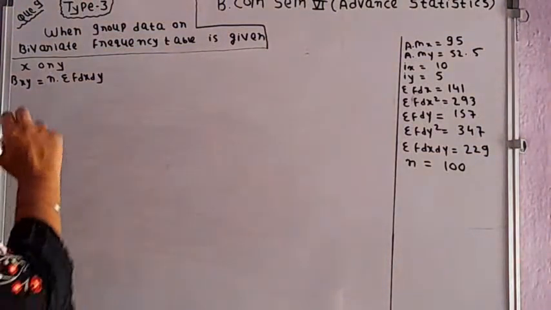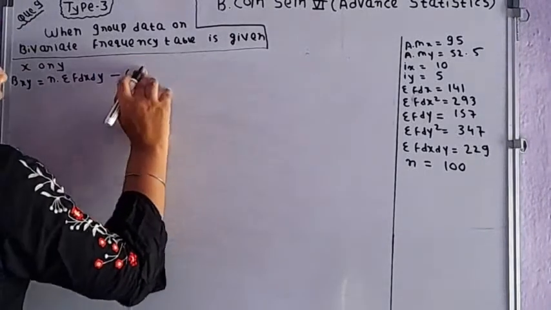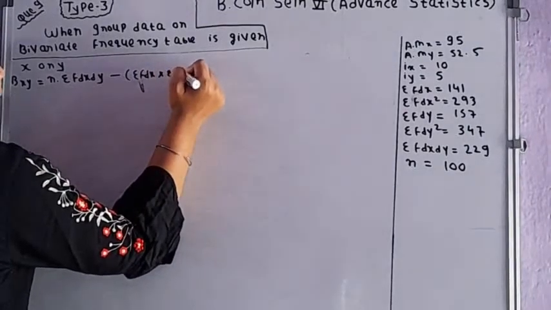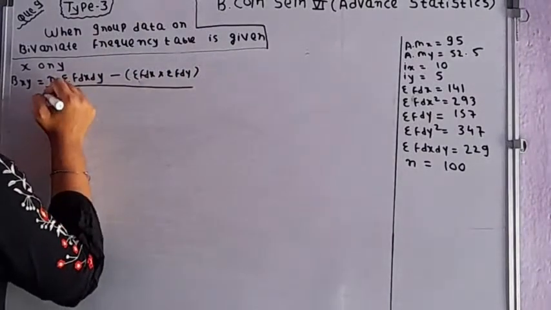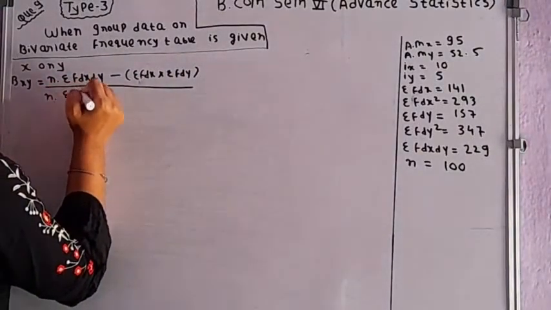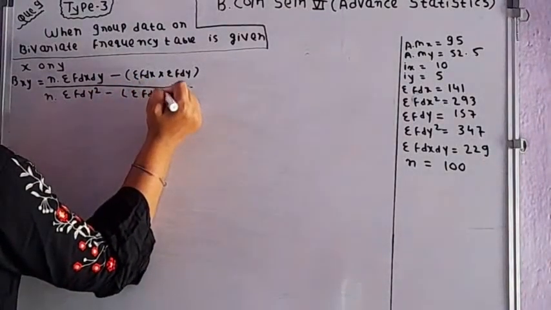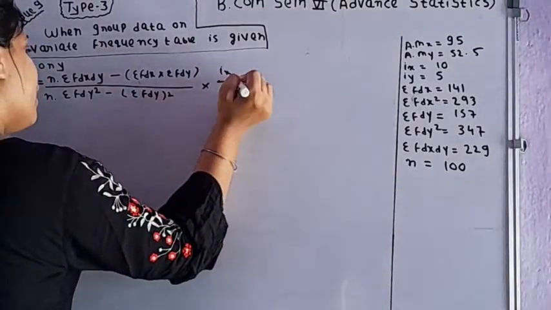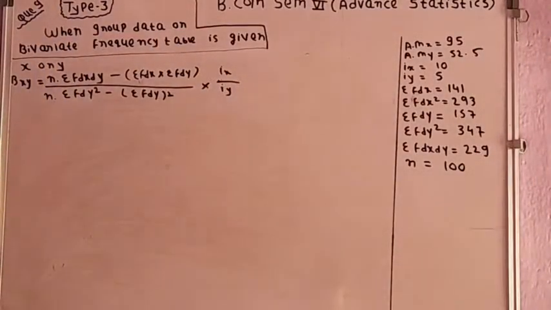That is why n into summation f dx dy minus summation f dx into summation f dy, upon n into summation f dy square minus summation f dy whole square, into interval of x series divided by interval of y series. So this way we have applied the formula for the regression coefficient of x on y.